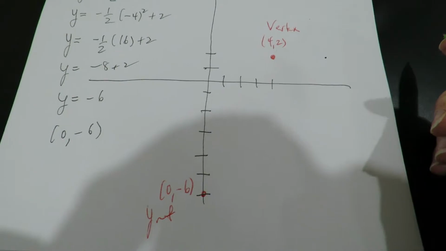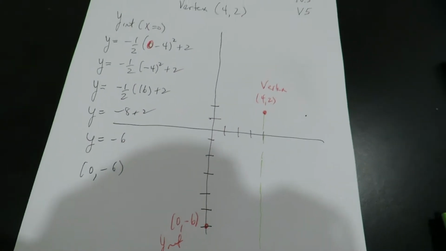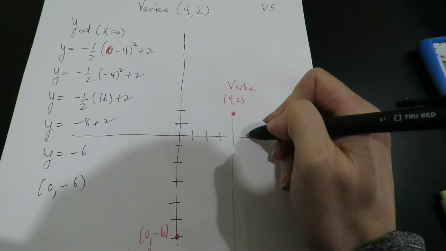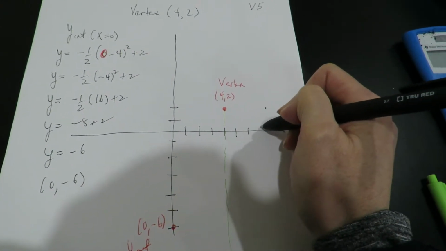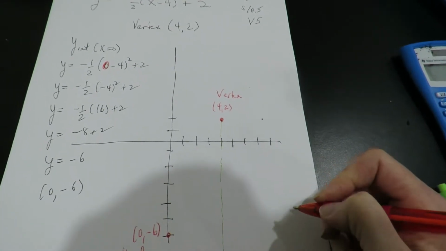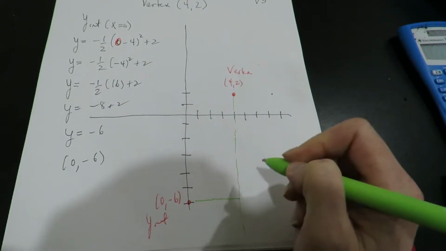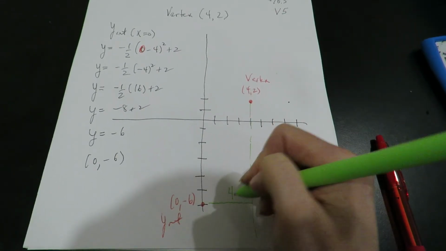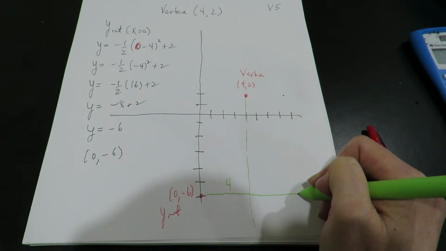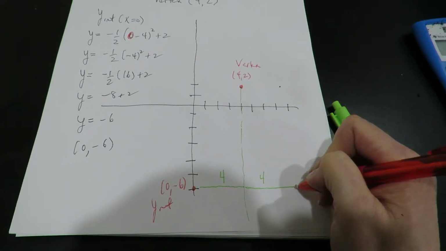Let's now do the point by symmetry. So this is the center. The y-intercept is 4 units from the center, which means that its buddy point is 4 units in the other direction from the center.